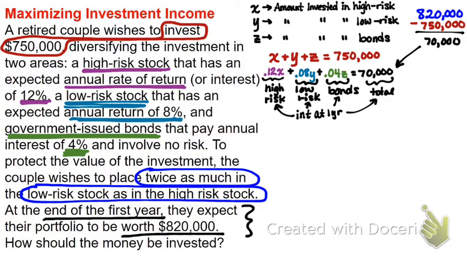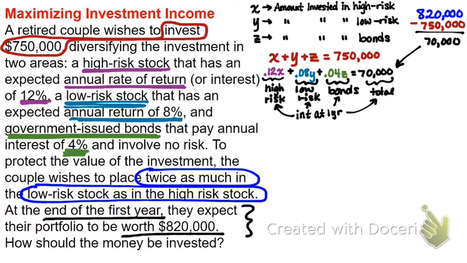Before I move on, I'm just curious if anybody could figure out how I could write the first part of this equation slightly differently so that I wouldn't have to do that subtraction. I could just set it equal to 820,000. There's something very slight that I could change about the left-hand side of this equation with the 0.12 and the 0.08 and the 0.04, so that I could set it equal to 820,000.